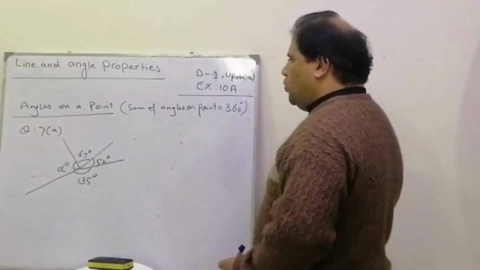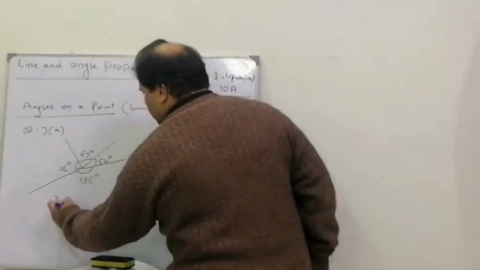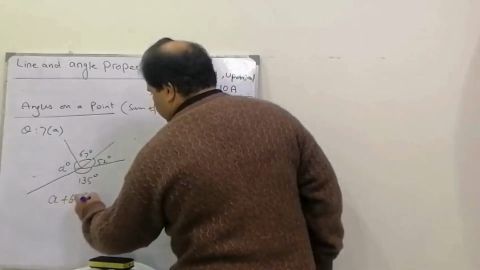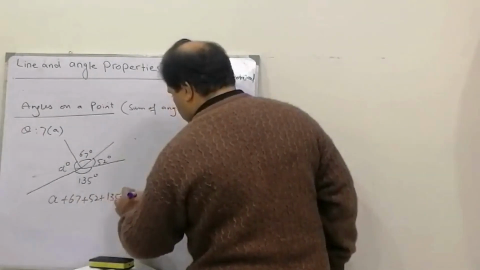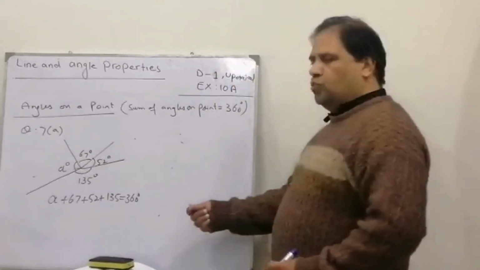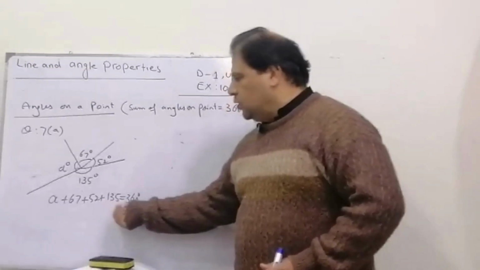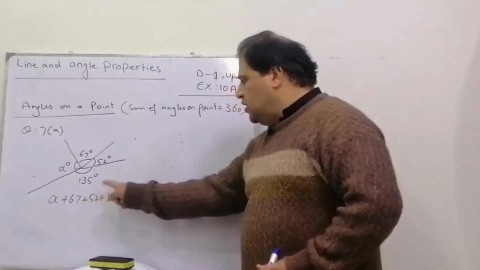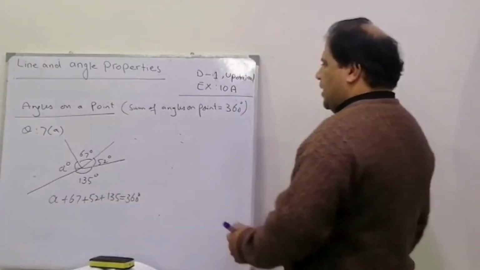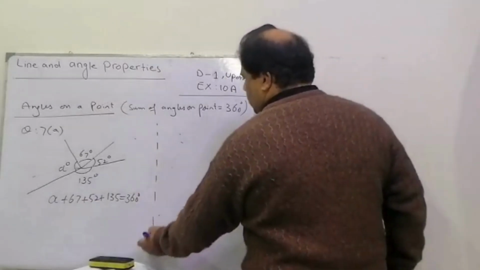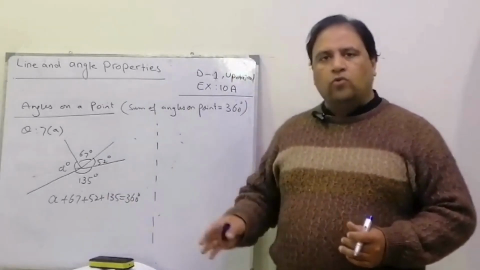So what we need to do is, the sum of all the angles, A plus 67 plus 52 plus 135, is equal to 360. Now I am leaving it to you. You need to solve this question by yourself: first add all the angles, then move these angles to the other side to subtract, and you will get the value of A. I'm not going to solve this question because I don't want to make a very prolonged video.